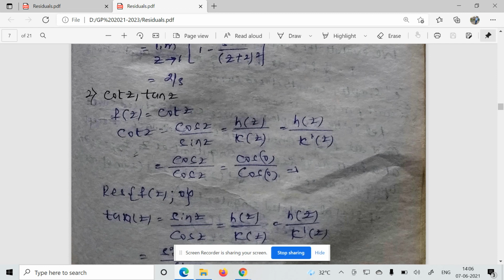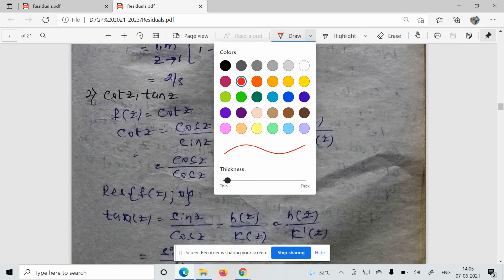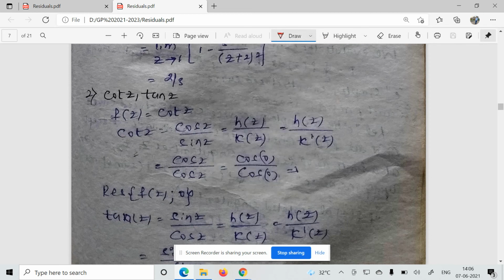See, the residue values of cot z and tan z. I have already explained this one, using the formula h of z by k of z. So we have to find the zeros of sin z first, to find the residue of cot z.